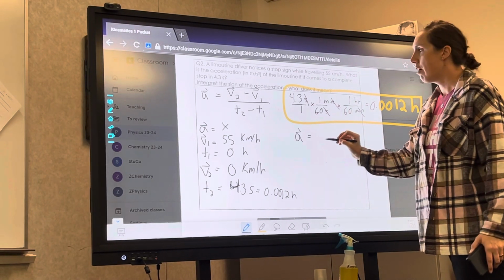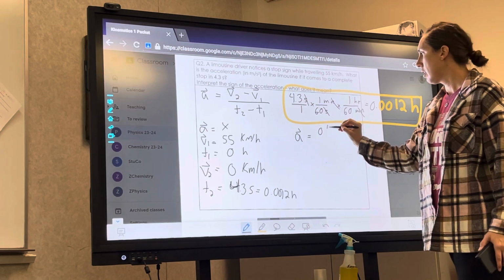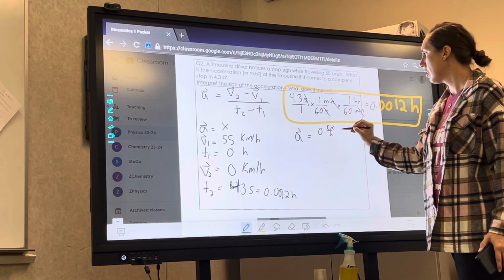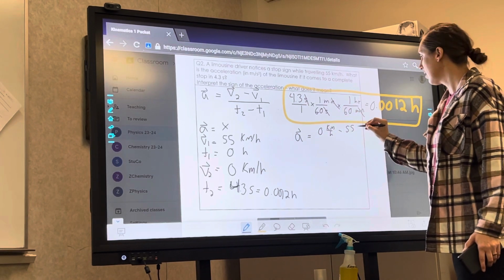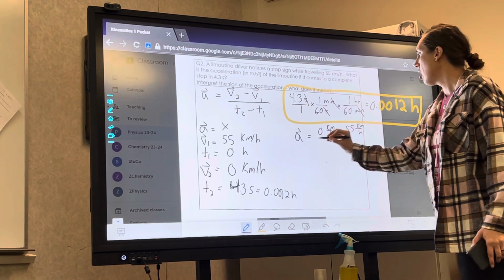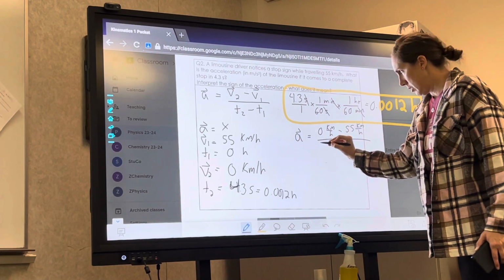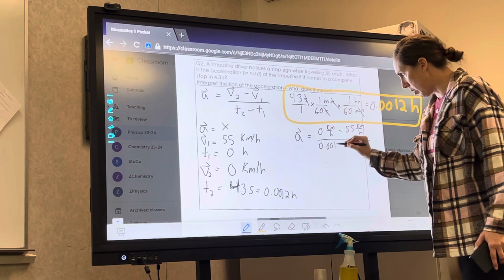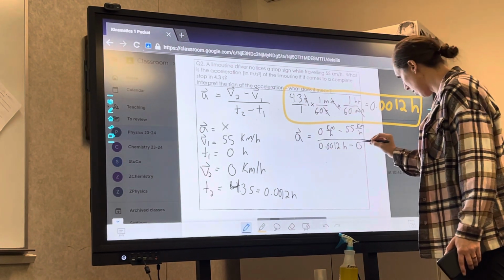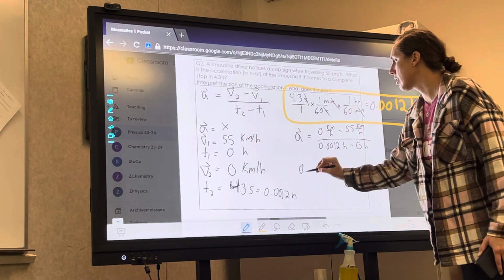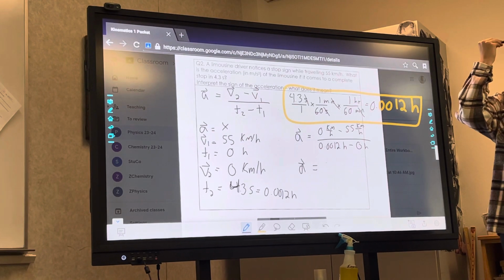Okay, so now let's just sub it in. Acceleration equals final, which is 0 kilometers per hour, minus initial, which was 55 kilometers per hour, all over final time, which was 0.0012 hours, minus initial, which was 0 hours. Just like Naomi said, can we put in the minus sign already?